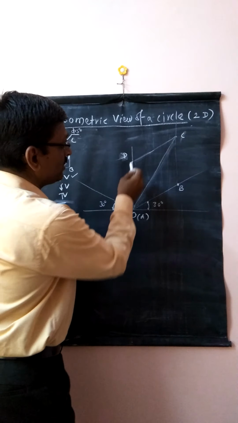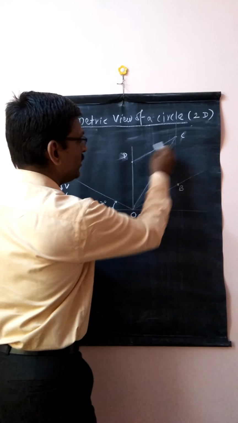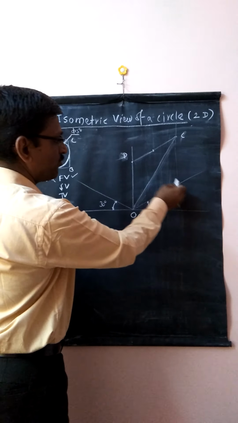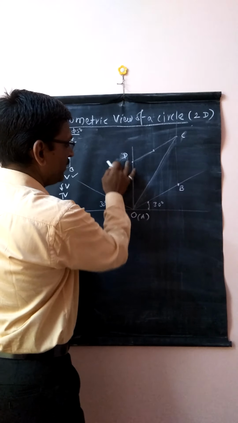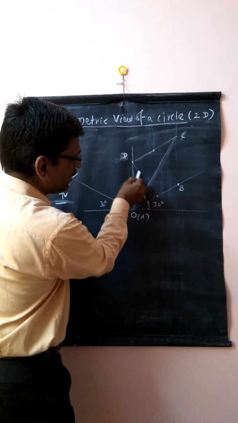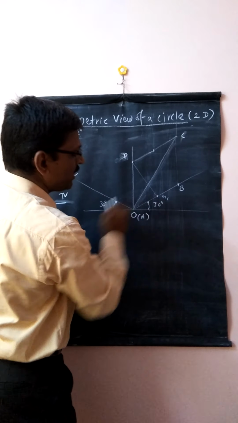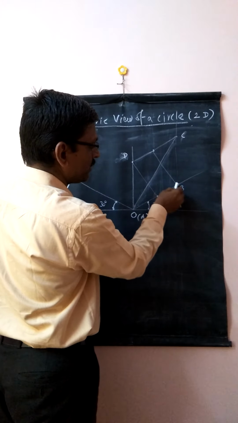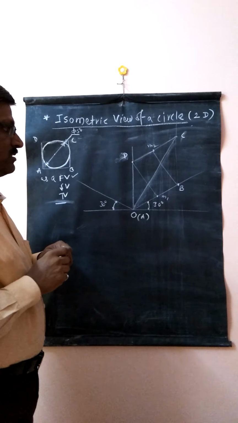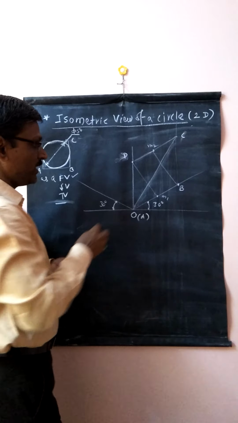Then find the midpoint of DC, which is opposite to the shortest diagonal points. Then find the midpoint of AB. Then join D to this one, which I'm naming M1, and B to this one, which I'm naming M2, with very faint lines. Now we have four centers.